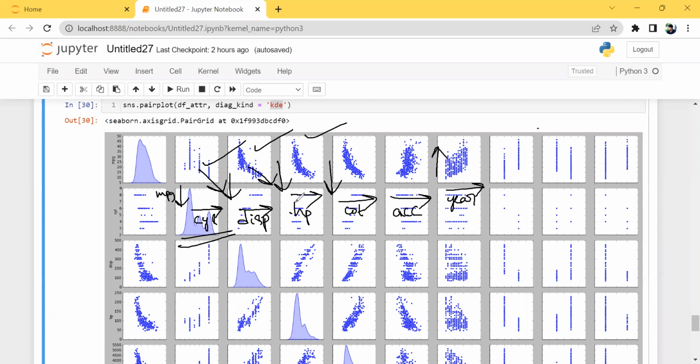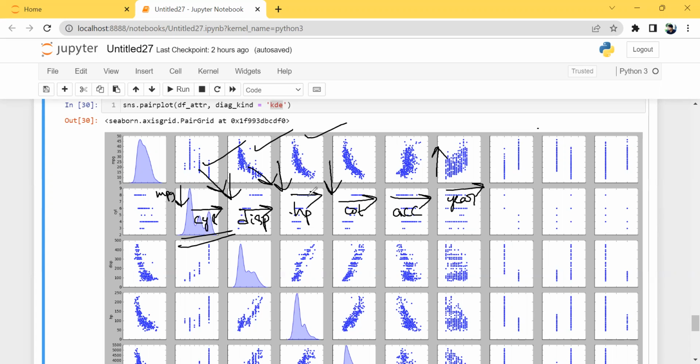When the horsepower is increasing, the mpg will always be decreasing. Why? Because everybody knows that when the horsepower increases, that is the speed increases, and automatically the miles per gallon, that is the mileage, will always decrease, right? When you try to increase your horse speed, you will definitely lose your miles per gallon, right?